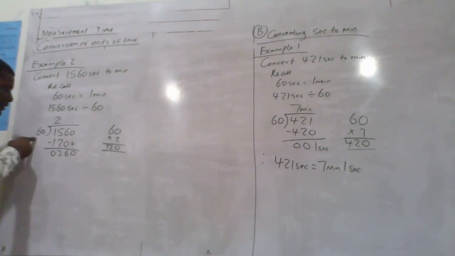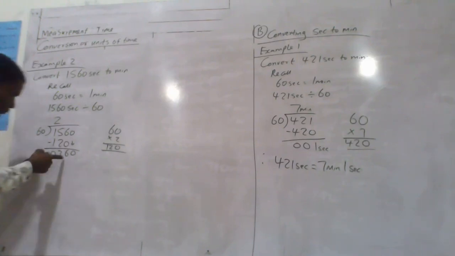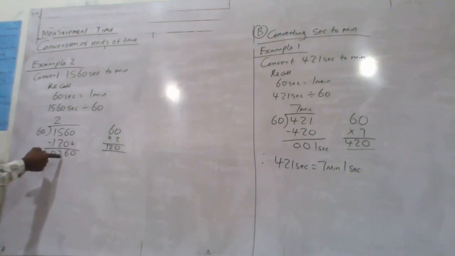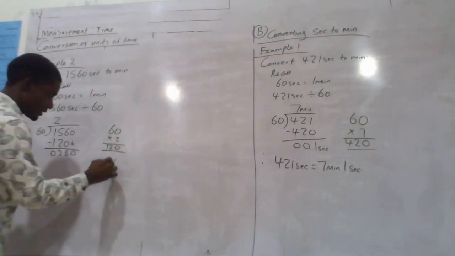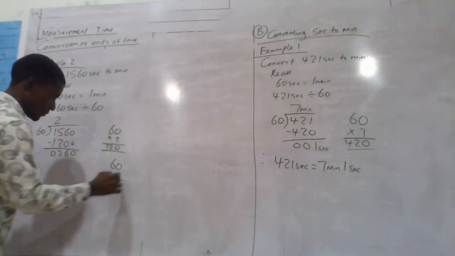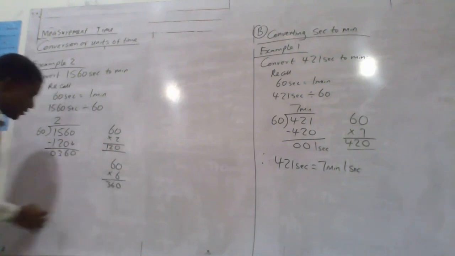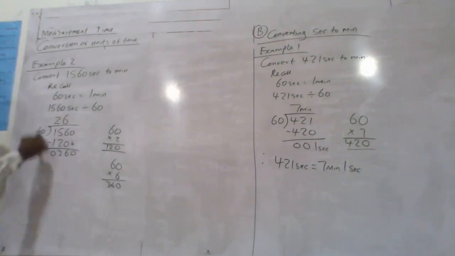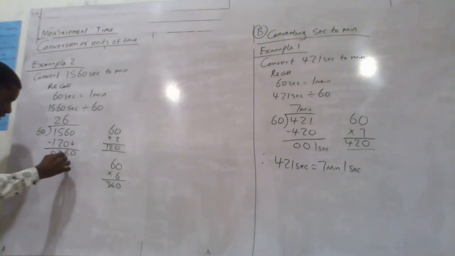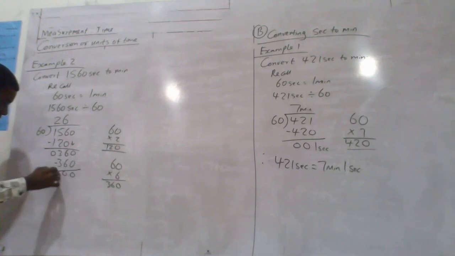How many times can 60 go in 360? Let's try 60 times 6. 0. 6 times 6 is 36. So 6 times 60 gives us 360. We subtract: 0, 0, 0.